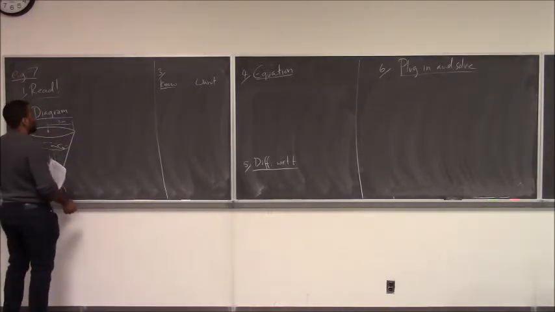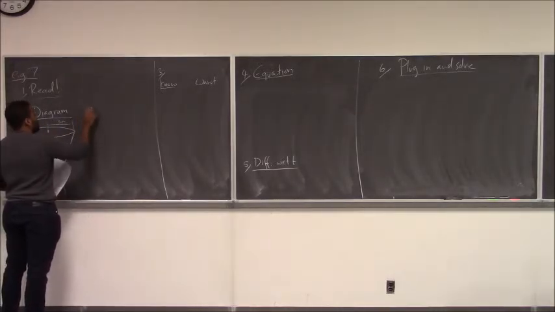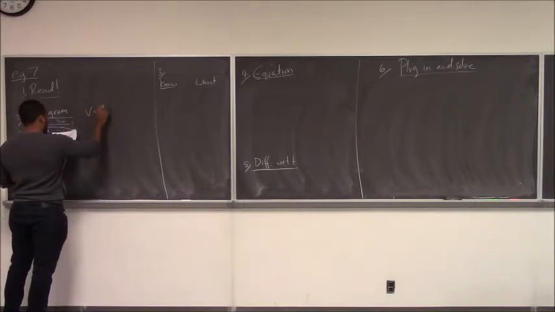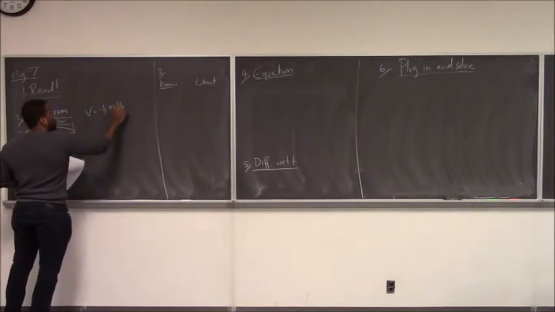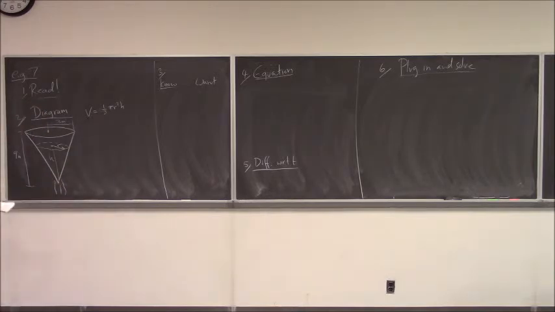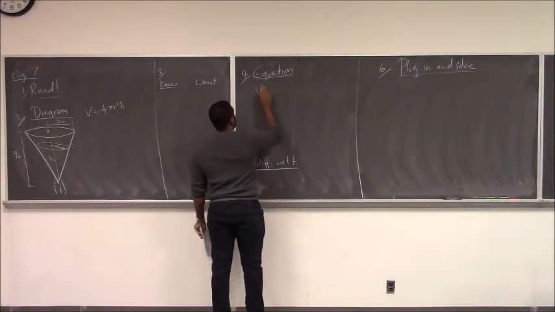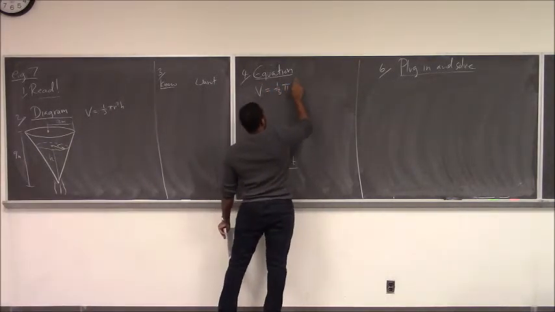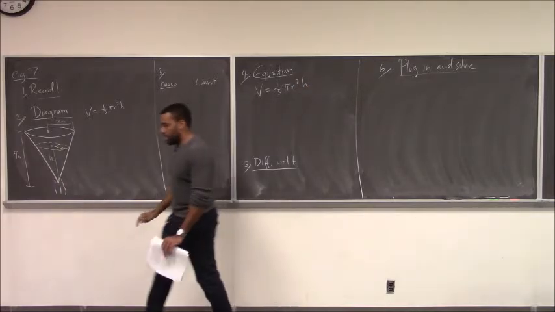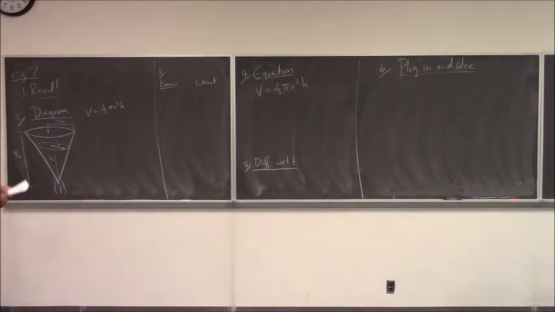And we are told that V equals 1/3 pi r squared h, the volume of a cone. I'd probably give you that formula if I'm asking a question like this. It's not something you hear every day. So you set that up, and they actually already gave us the equation, so we even know what to fill in over here. You might think everything is hunky-dory, but let's actually go through the process and see what's going to happen.